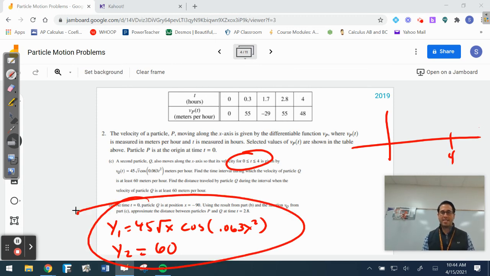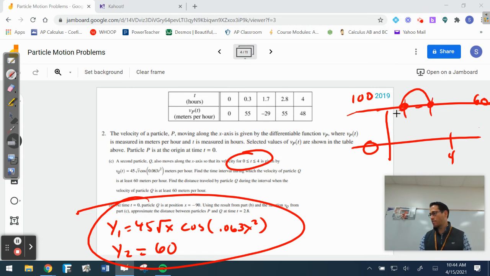Now I'm going to go as high as 60, so even though I'm from 0 to 4, hopefully I'm from 0 to 100, right? And then you're going to get your graph, and you're going to graph a line here at 60, and you just want to know from where to where is the graph above. If you do it all correctly, it says right here in my notes that the answers should be, this answer right here I'll call A, I'll call this B.